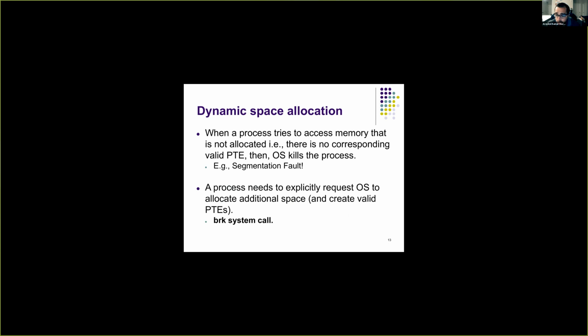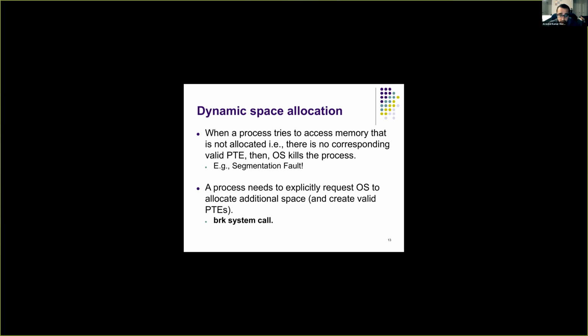So in order to access a virtual address, a process needs to ask the operating system to create those entries in the page table. That means a process has to ask the operating system to create page table entries for certain virtual addresses that it wants to access. To do this, most operating systems provide a system call.